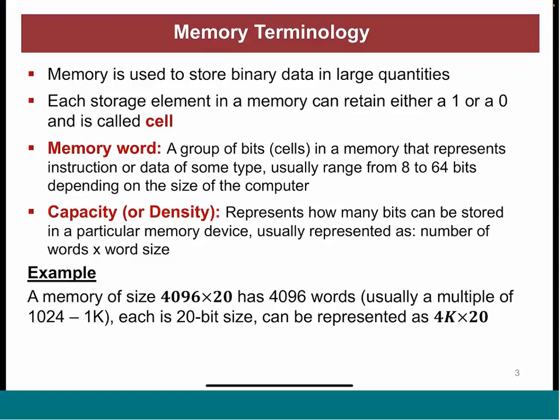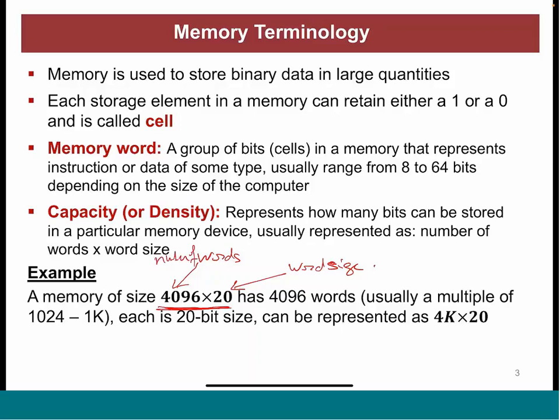So for example, if I say a memory of size 4096 by 20, this means I have 4096 words, and 20 is the size of each word. So 20 is the word size, and 4096 is the number of words.